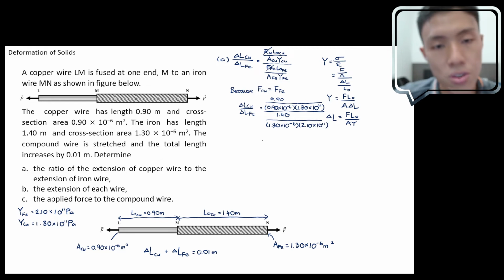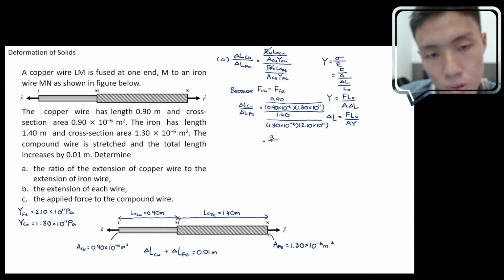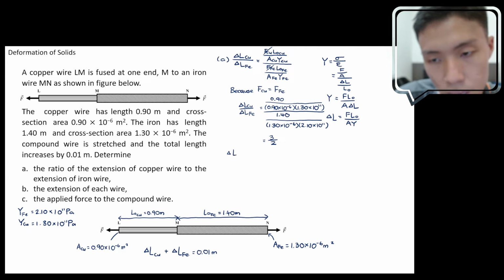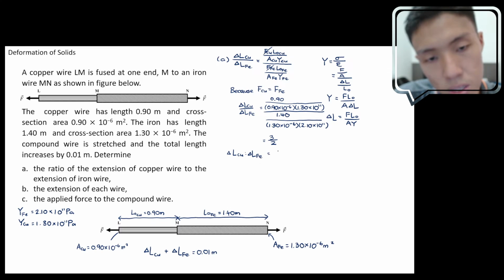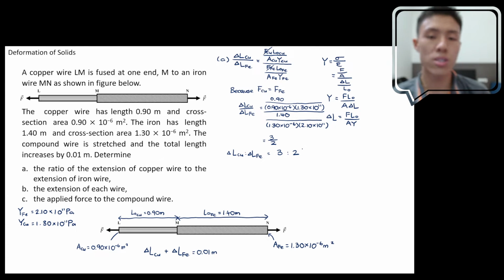Okay, so if you substitute everything inside and you do your calculation, I believe you'll get an answer which is 3/2. So that means the ratio of the extension of copper wire to the extension of iron can be equated to be 3:2. Okay, so this is the ratio between the extension of copper wire to the extension of iron wire.